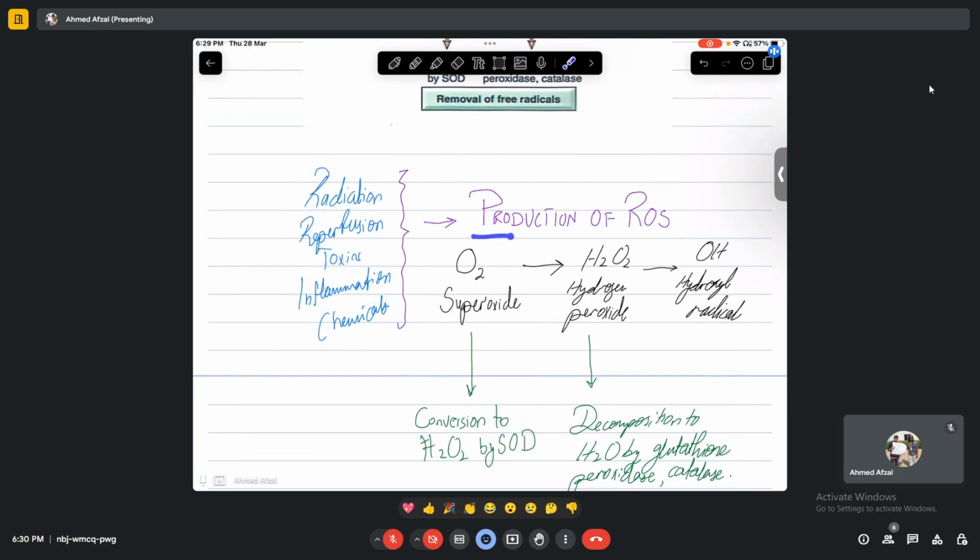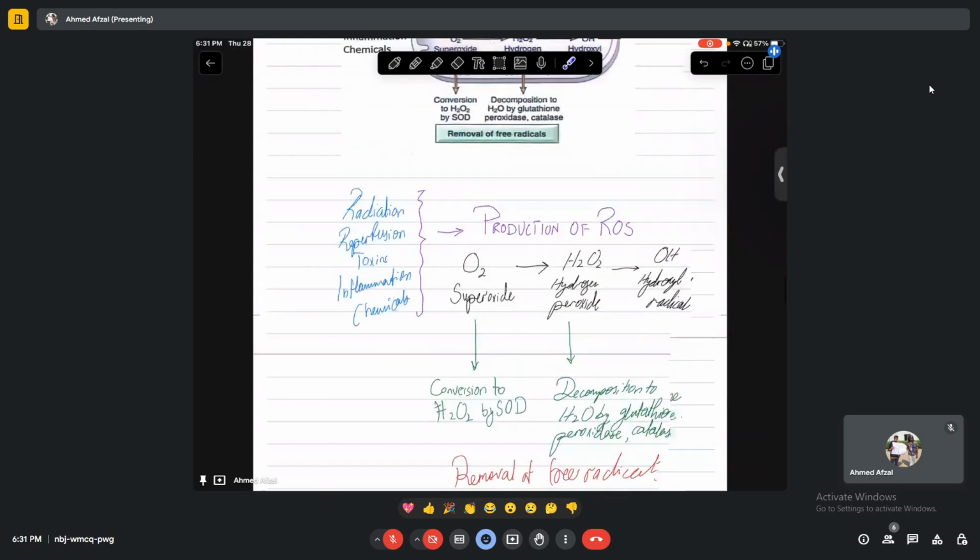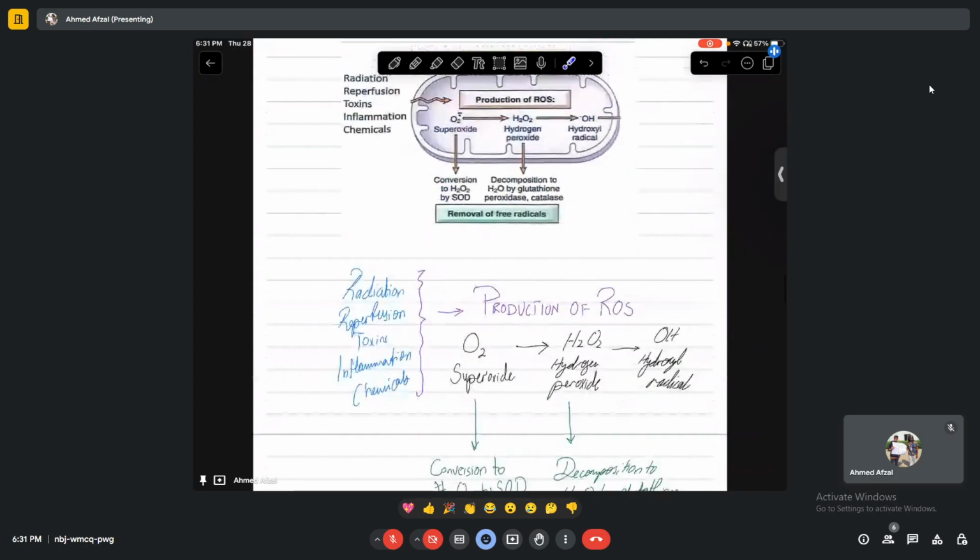They cause the production of reactive oxygen species, or radical oxygen species. What are those? Superoxides, hydrogen peroxides, and hydroxyl radicals. And now what do they do? They affect the cell, obviously.